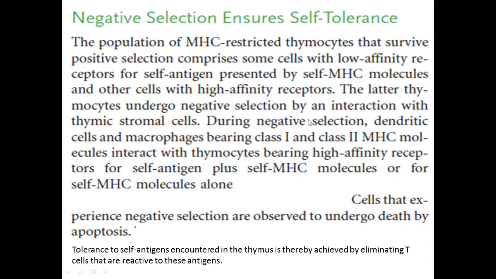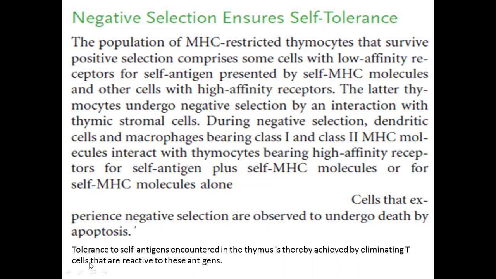During negative selection, dendritic cells and macrophages bearing class 1 and class 2 MHC molecules interact with the thymocytes bearing high affinity receptors for self-antigen plus the self-MHC molecules, or for the self-MHC molecules alone. This negative selection leads to death by apoptosis.